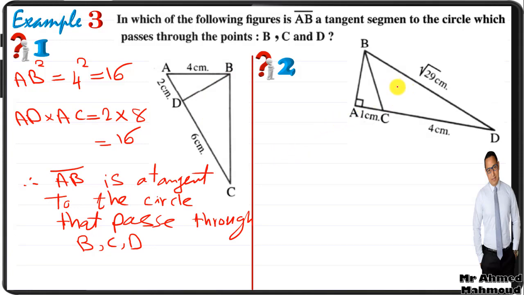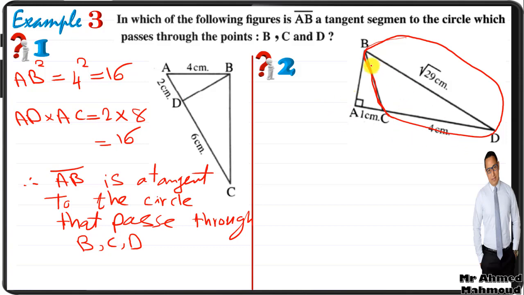Now I am asked to prove that AB is a tangent to the circle that passes through B, C, and D. The shape of the circle will be like this. This is a very bad drawing, it's okay. Now I need to find AB to evaluate AB power of 2.